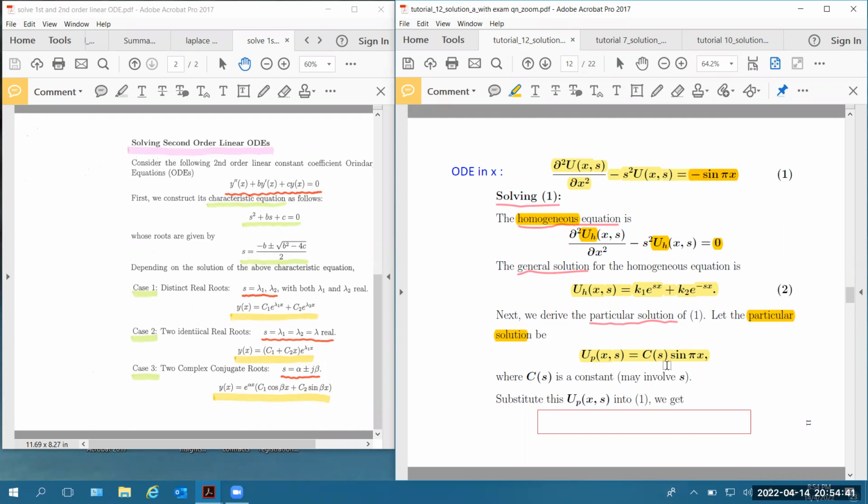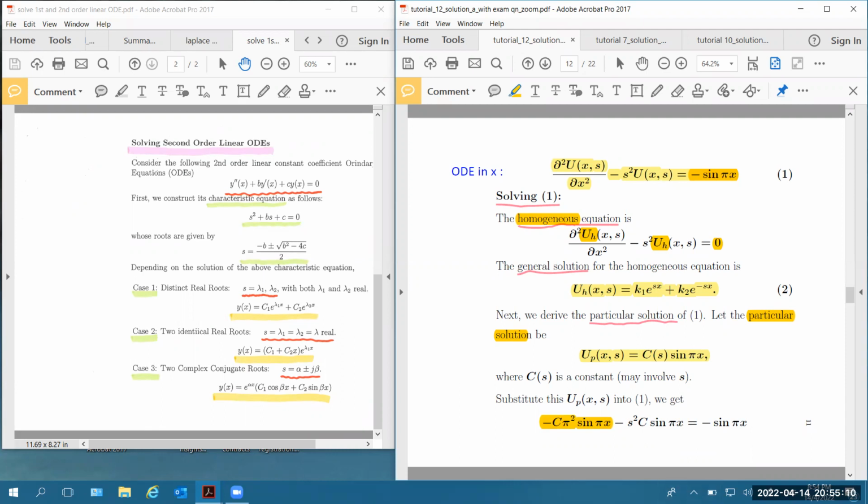You take C times sin(pi x), differentiate with respect to x two times, put it in, and then minus s squared times U, substituted in, equal to minus sin(pi x). That is what you will get.